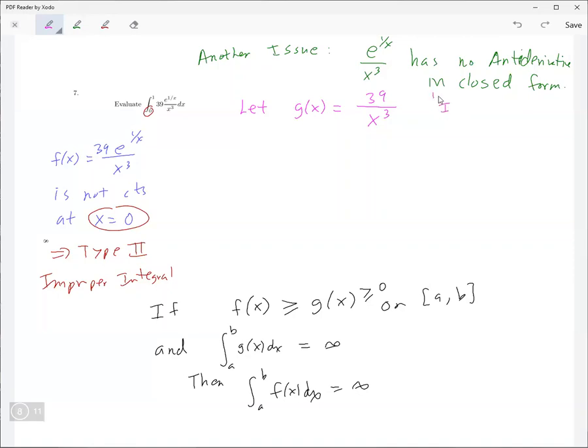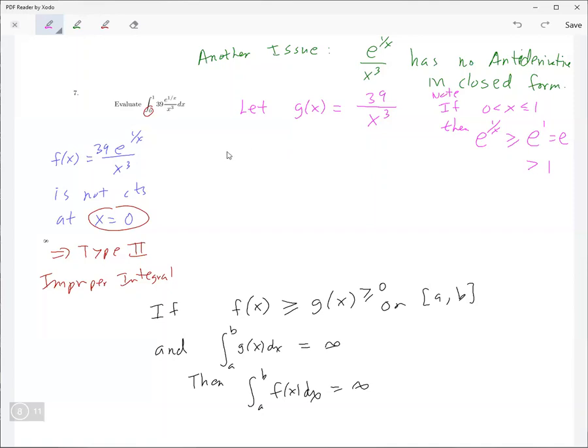Okay, so note this, that if x is between 0 and 1, then e to the 1 over x is greater than or equal to e to the 1, which is e, which is greater than 1.